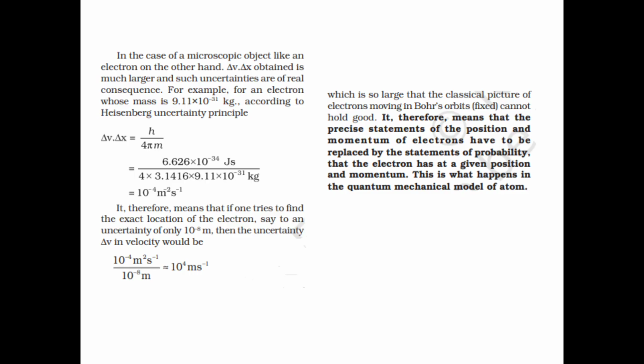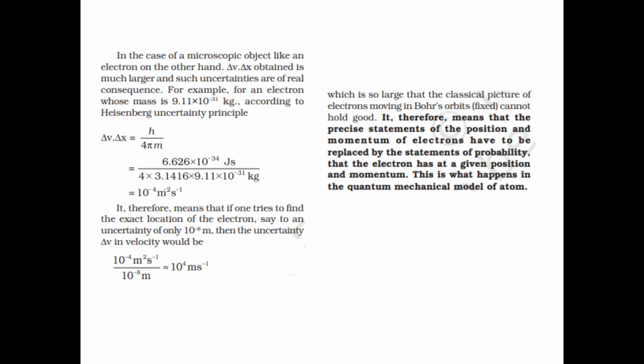For example, for an electron whose mass is 9.11 into 10 to the power minus 31 kg, according to the Heisenberg uncertainty principle, delta v into delta x is approximately 10 to the power minus 4 meter square second inverse.